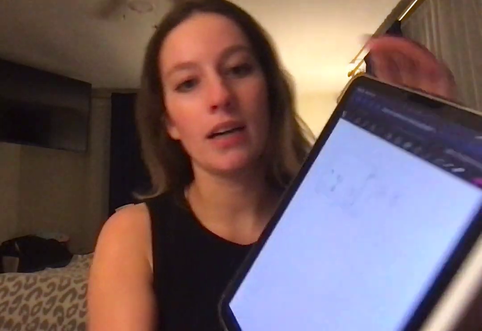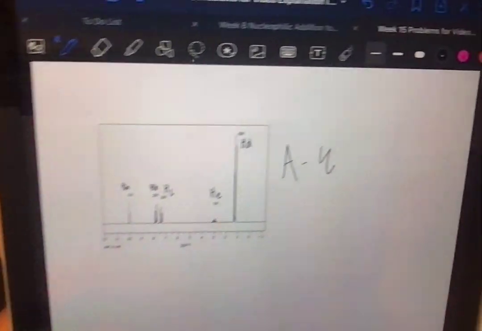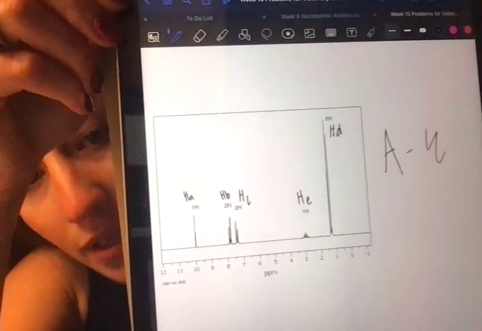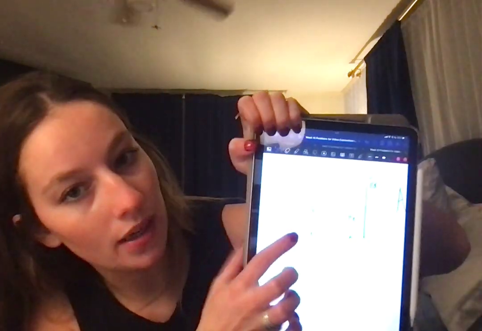And then, going to our hydrogen, there is a closer look. This one was a little bit easier to label for y'all. Let me zoom in a little bit. Just how I was thinking of it was A through E. Obviously it tells you on here 1H, 2H, etc. So for our very first one, all the way in the beginning at approximately 10, we have our HA, which is also 1H.